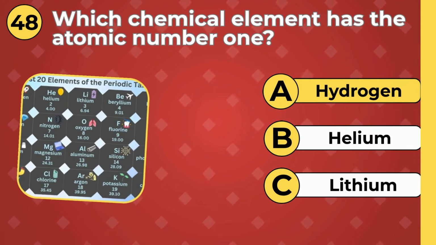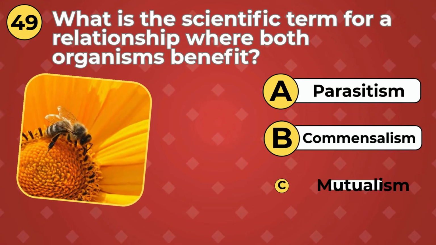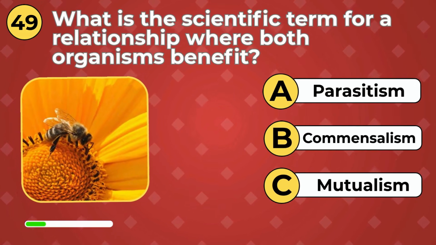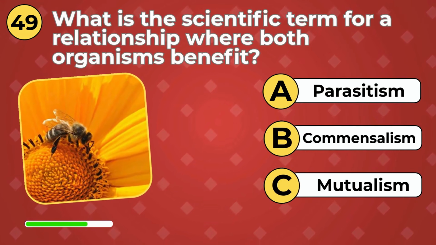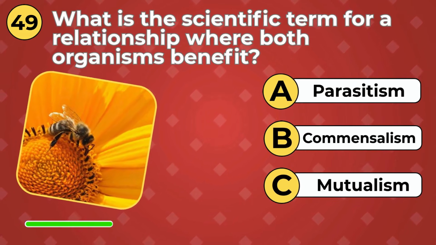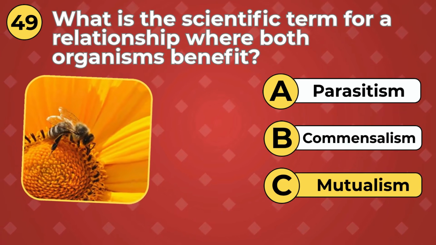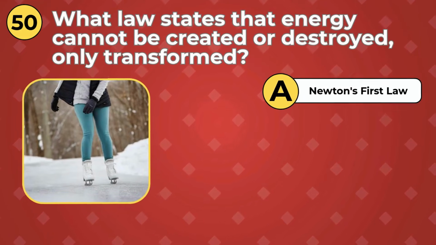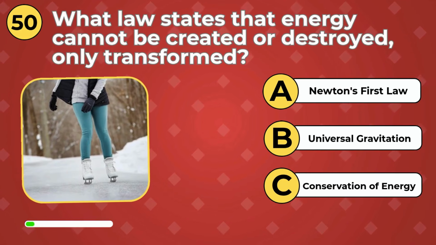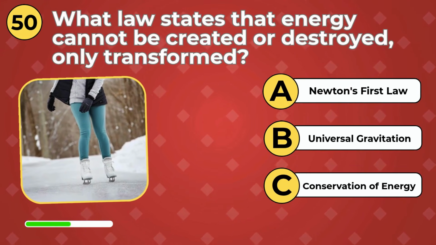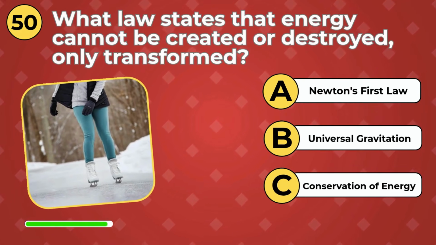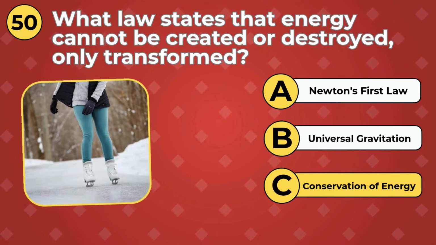Hydrogen. What is the scientific term for a relationship where both organisms benefit? Mutualism. What law states that energy cannot be created or destroyed, only transformed? The law of conservation of energy.